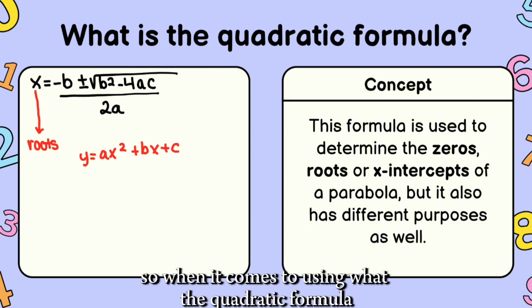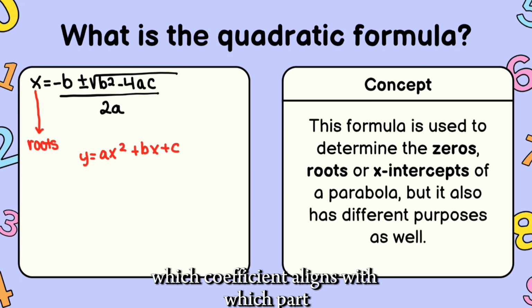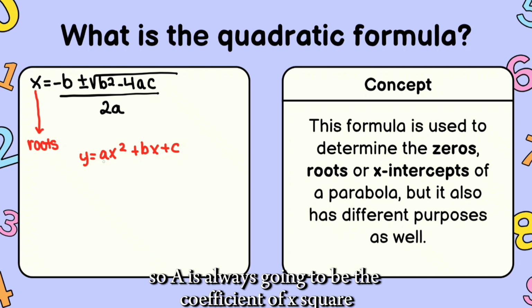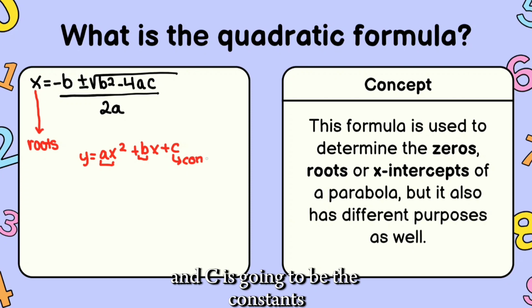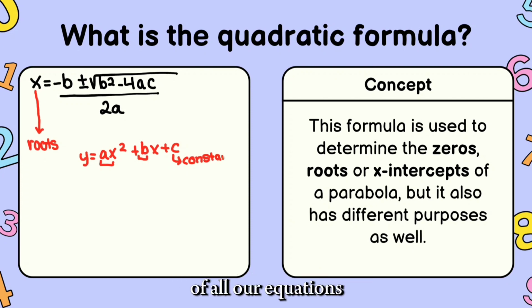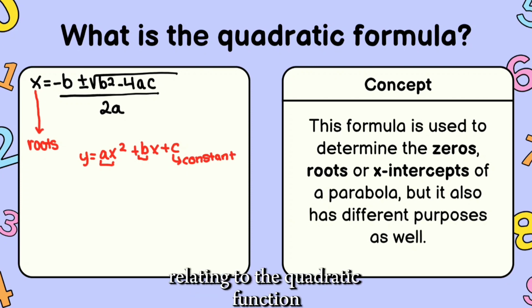When it comes to using the quadratic formula, it is very important that you know which coefficient aligns with which part. So a is always going to be the coefficient of x squared. b is always going to be the coefficient of x, and c is going to be the constant of all our equations relating to the quadratic function.